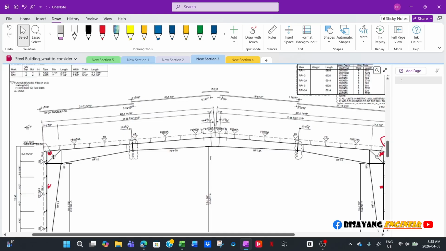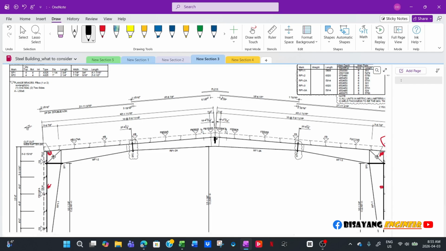So it really depends on, basically what happened here is, in transferring the load from the middle to the outside walls, or to the braced bay here, it relies on the purlins to transfer that load.